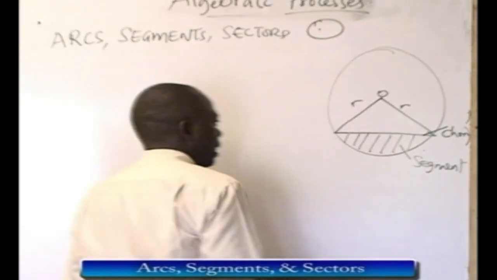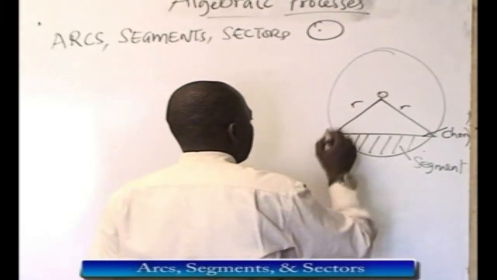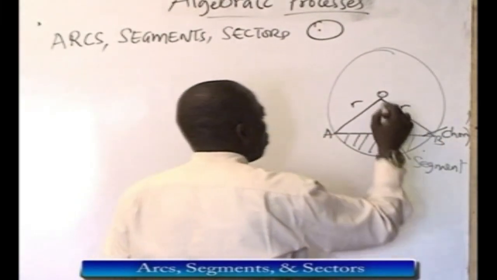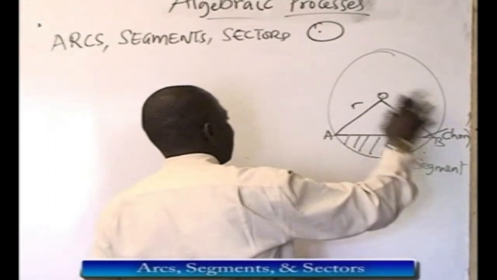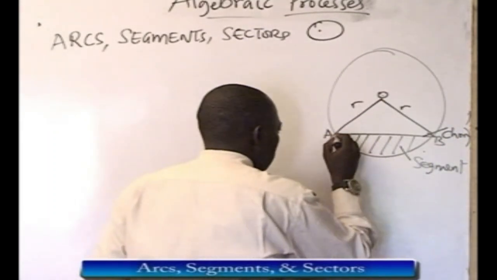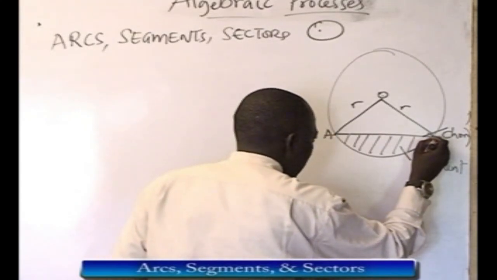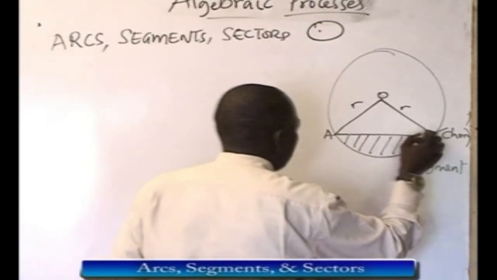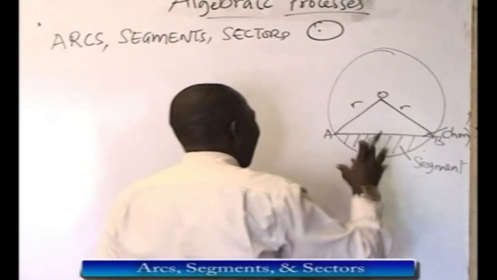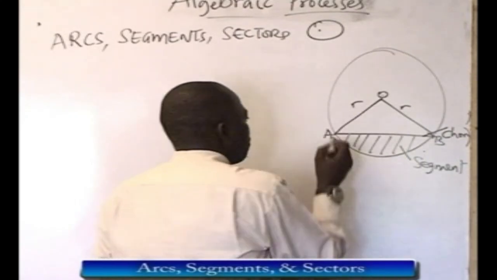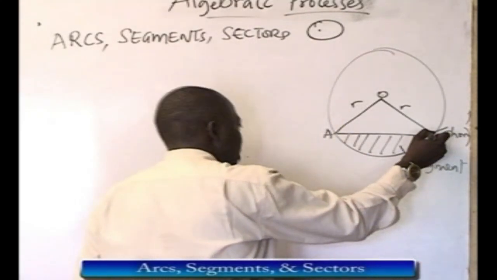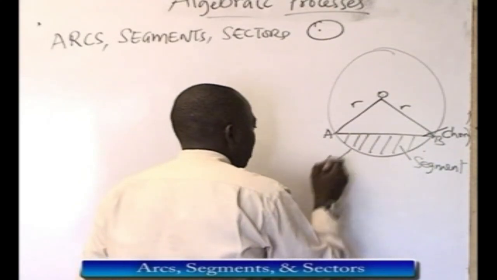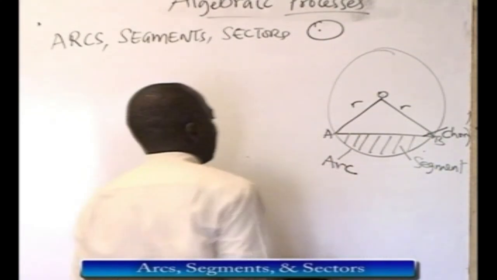Let's say this is AB. The whole of the OAB is known as the sector. Then from A to B, like this, on the circle is what is known as the arc, the minor arc.